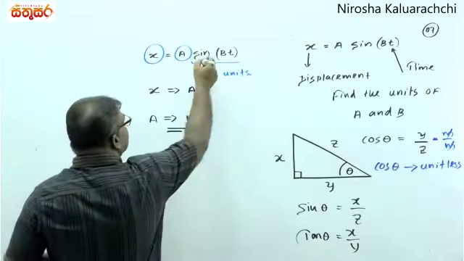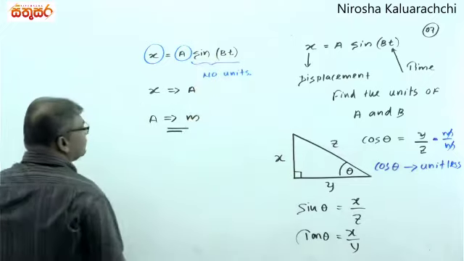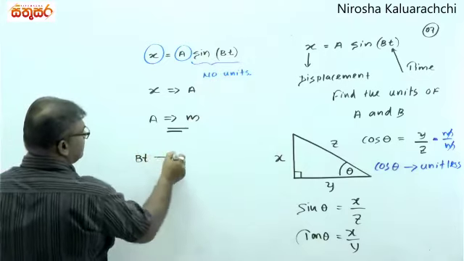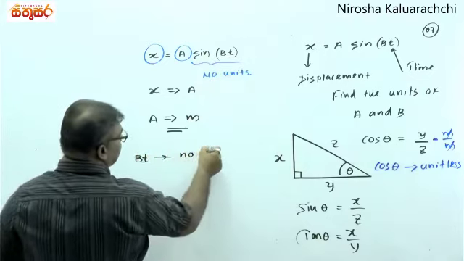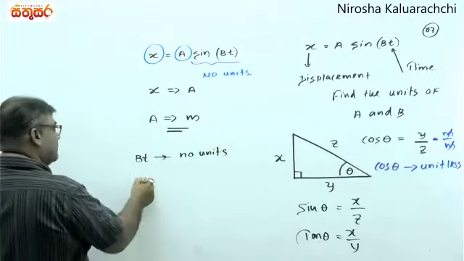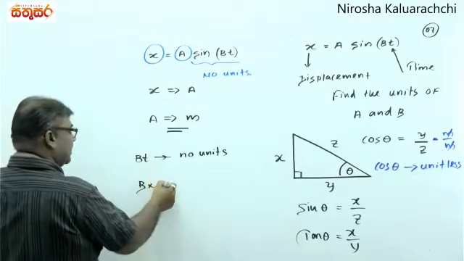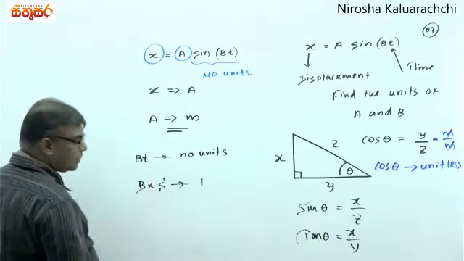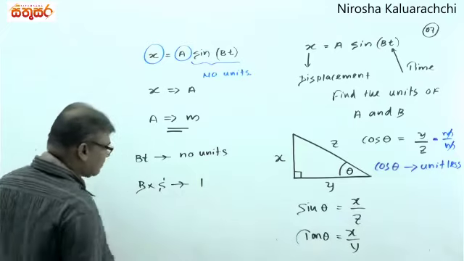Right, next. And you can say sine BT has no units, right? Then BT represents no units, unitless. Then B into T, seconds, here no unit, then you can say just one. It's just a numerical value, right?